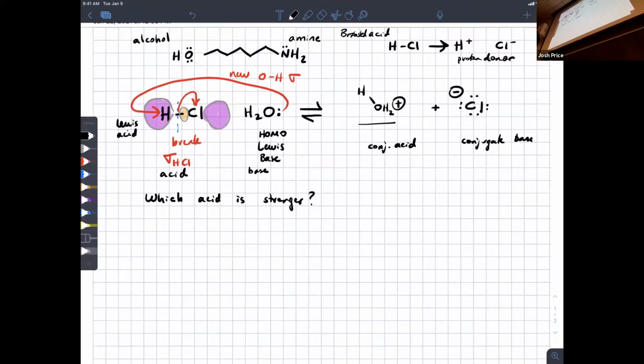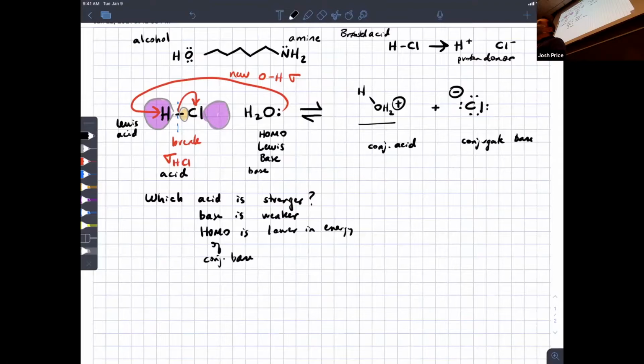But asking where this equilibrium lies is the same as asking which acid is stronger, which is the same as asking which base is weaker, which is the same as asking which highest occupied molecular orbital is lower in energy, which HOMO of the conjugate base is lower in energy.